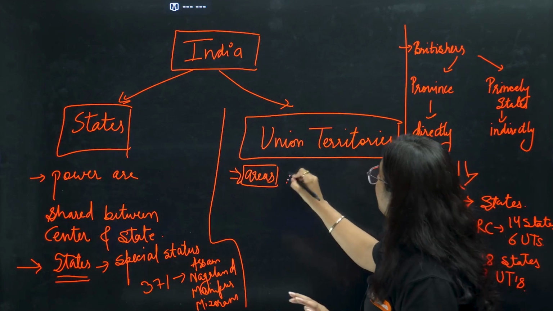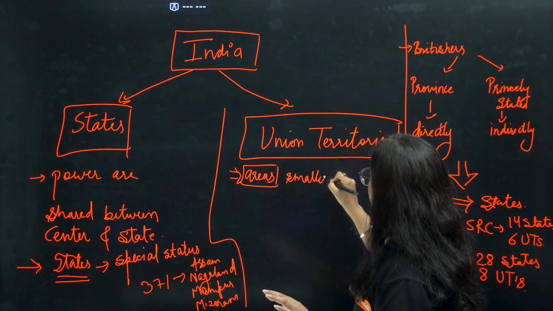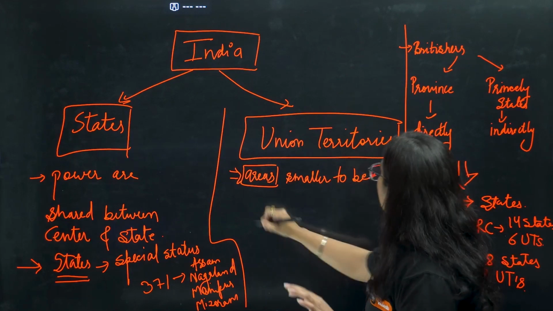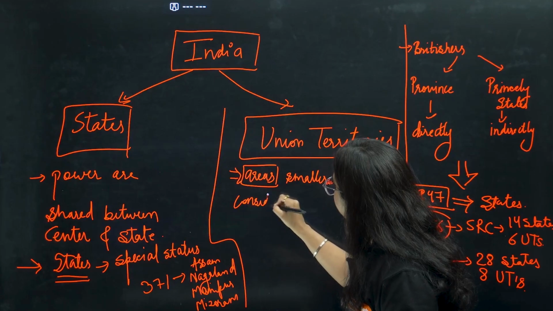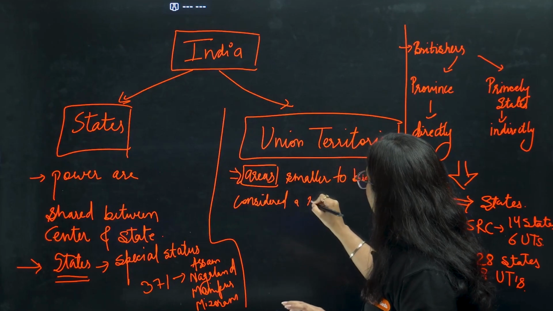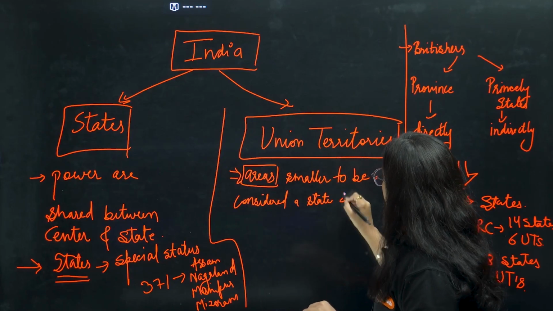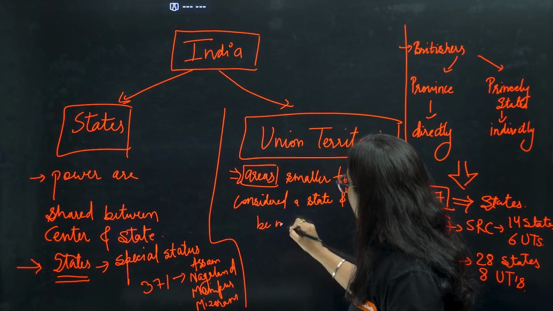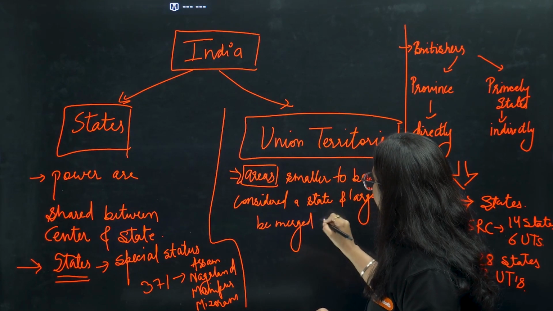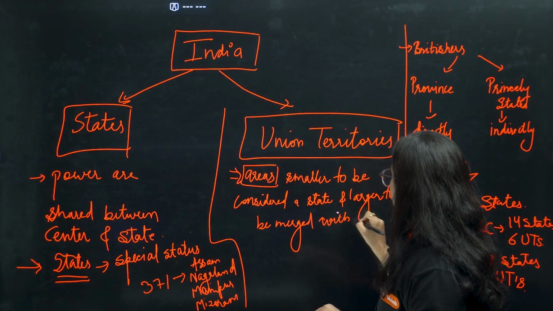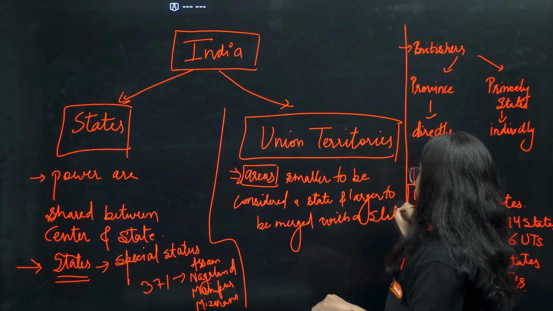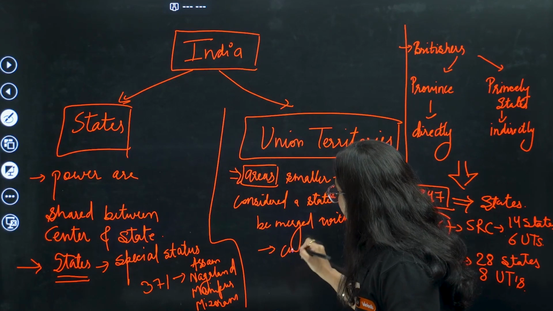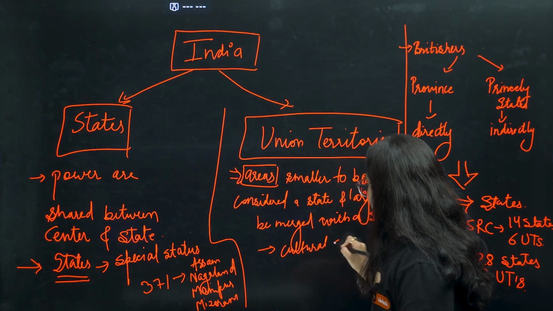There are areas which are smaller to be considered a state and larger to be merged with a state. Along with this, there are other points, like certain cultural significance of that region.